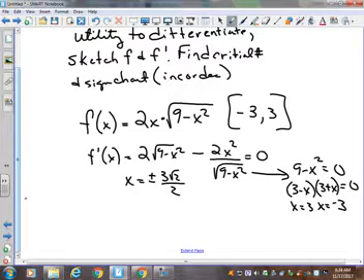So we definitely have a situation where they gave us this domain up here of -3 to 3. They cut it off with that and said there's nothing outside of that. So I was hoping that these values were between there, because if they weren't, I'd have a problem making a chart. All right.